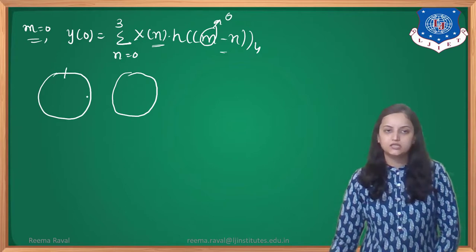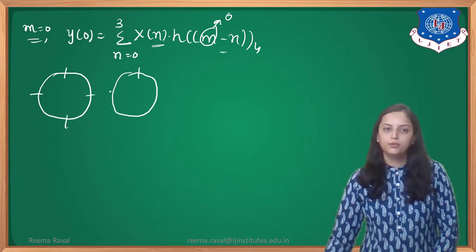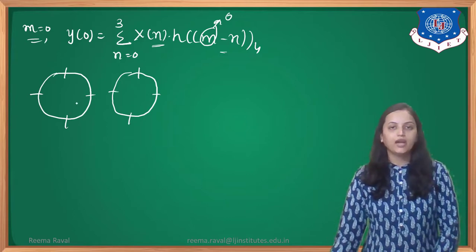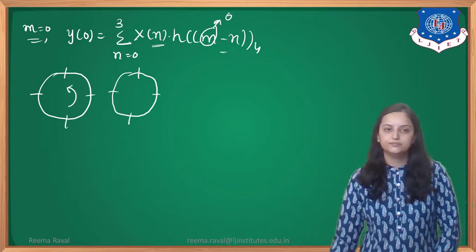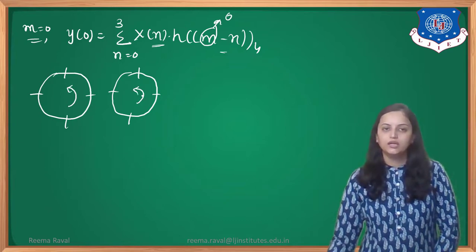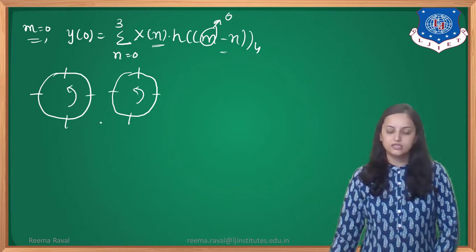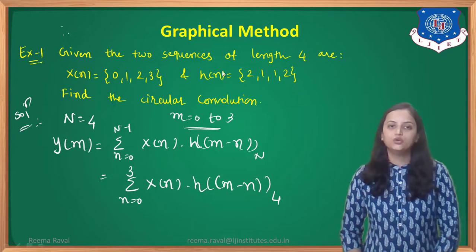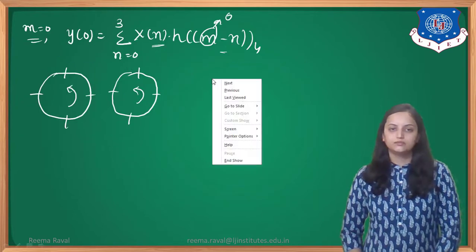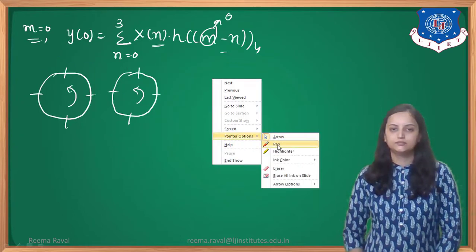So we need to consider a circle where 4 points are to be indicated. First of all, we will plot x of n and h of n. Remember that x of n and h of n are to be plotted in the anti-clockwise direction. So here x of n and h of n are 0, 1, 2, 3 and 2, 1, 1, 2. Let's place that.